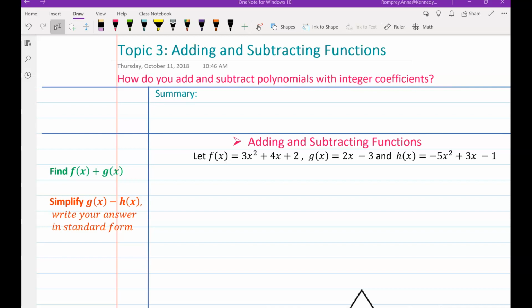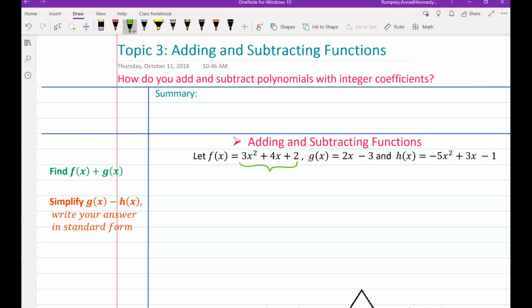So we are given three different functions, and it wants us to find the sum of f of x and g of x. No big deal. Well, let's look. What's f of x? F of x is equivalent to 3x squared plus 4x plus 2. Hey, 3x squared plus 4x plus 2. That's a polynomial. All right, now we can see where we're kind of going to tie stuff in.